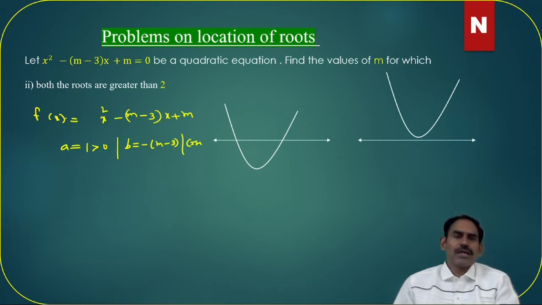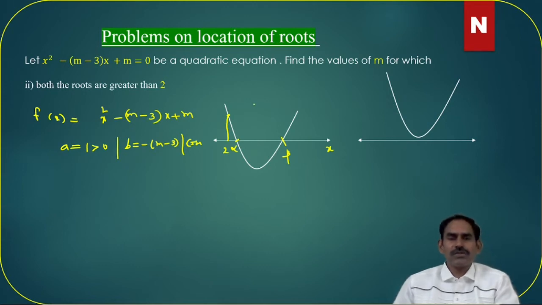Here the coefficient of x square is positive, which means the diagram opens upward. I am taking the roots alpha and beta, which meet the x-axis at two distinct points. I am taking 2 on this side because both roots are greater than 2, so 2 is exactly to the left of alpha and beta. This is f of 2. The parabola is above the x-axis there, which means f of 2 is positive.